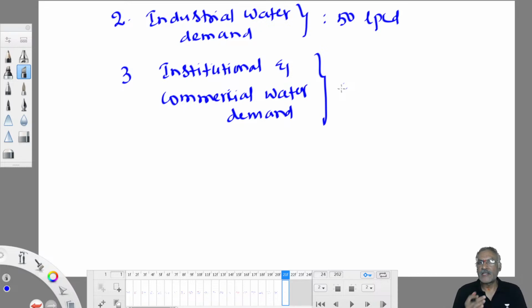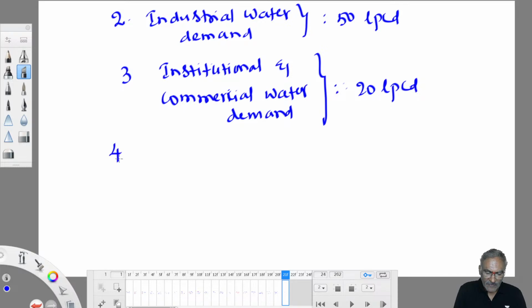All of them are social institutes. They also need water. Commercial establishments like shopping malls, cinema theaters, business centers, hotels, restaurants, they also need water. So they also depend on the municipal corporation. They supply at a throwaway price. Even though pricing will be different, still it is cheaper for them. So therefore they look at them. A minimum of 20 LPCD needs to be provided. If you provide anything more than that, we appreciate, but at any cost it should not be less than 20 LPCD.